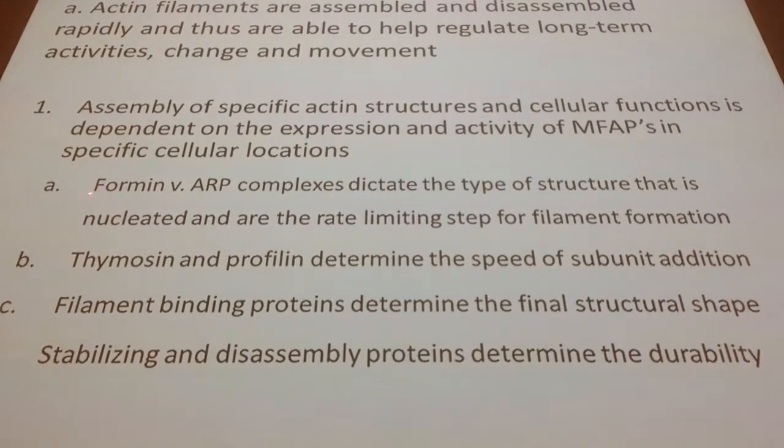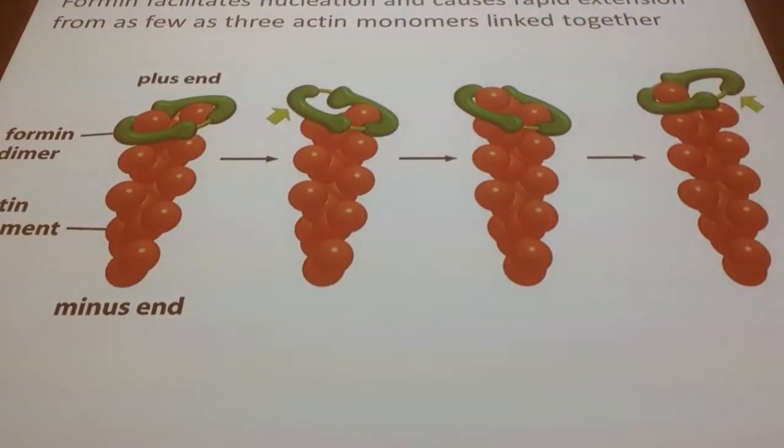So either, not both, but either formin or ARP may help or aid or catalyze the nucleation of microfilament. Okay? And we'll look at all of these later, but that's one thing at a time, nucleation. So looking at formin first, formin is represented by these green structures here.